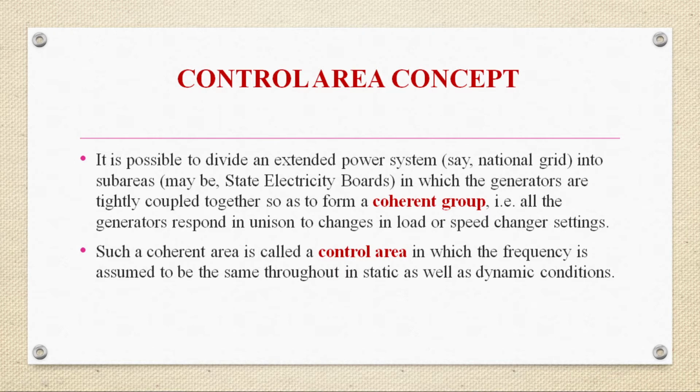They together support each other and respond to the changes in load together. The area in which the coherent group exists and the frequency remains constant throughout, in static as well as dynamic conditions, is called a control area.